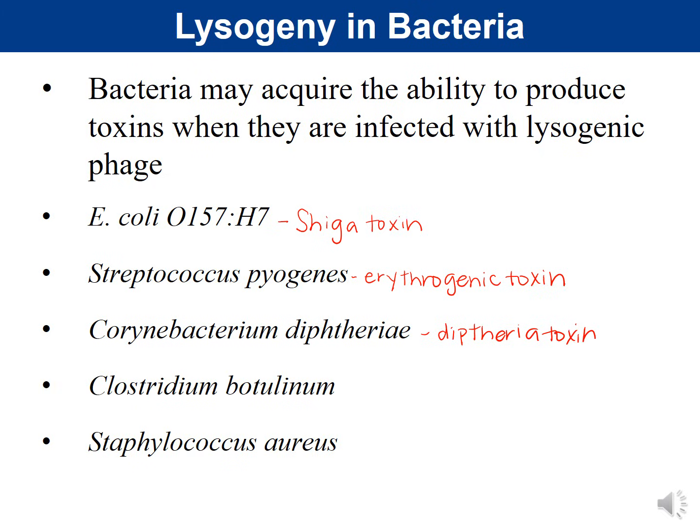Clostridium botulinum can produce botulinum toxin. Staph aureus can cause toxic shock syndrome. And it causes these diseases, or causes the bacteria to produce these toxins, when they are infected with the lysogenic phage.